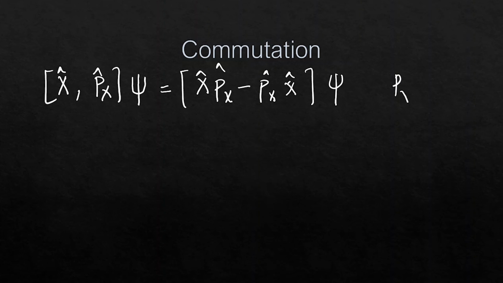Our x component of the momentum operator is written as minus iota h cross del by del x. We represent our momentum operator like this.